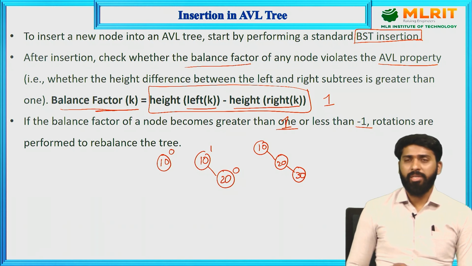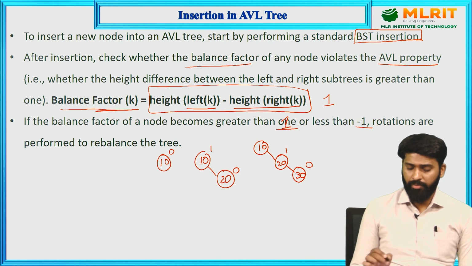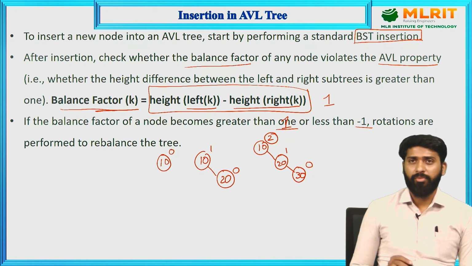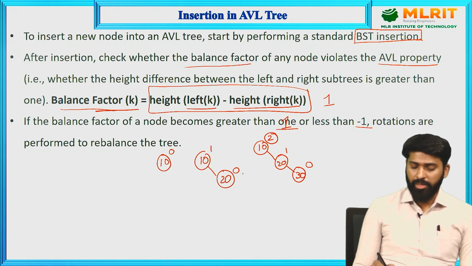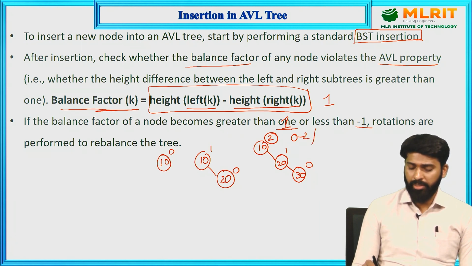Now what is the balancing factor of 30? 0. What is the balancing factor of 20? 1. Balancing factor of 10 is 2 now. Okay. So why 2? The left subtree is 0 minus right subtree is 2. Here we consider mod value. 0 minus 2, 2. So it is not an AVL tree.